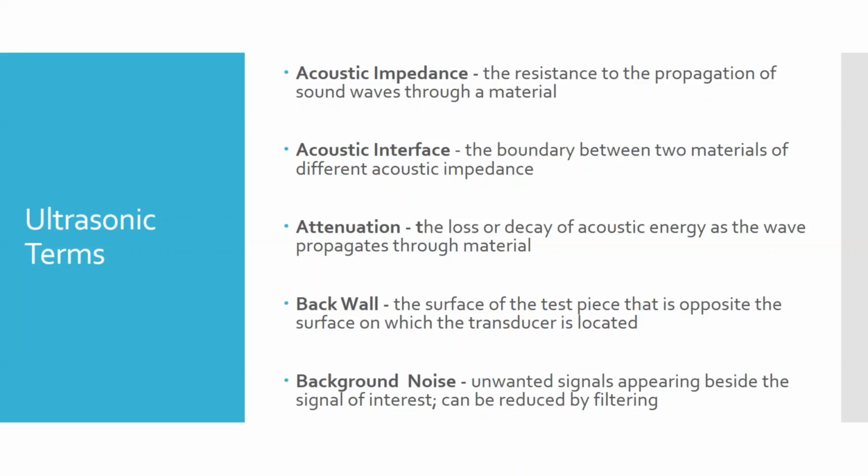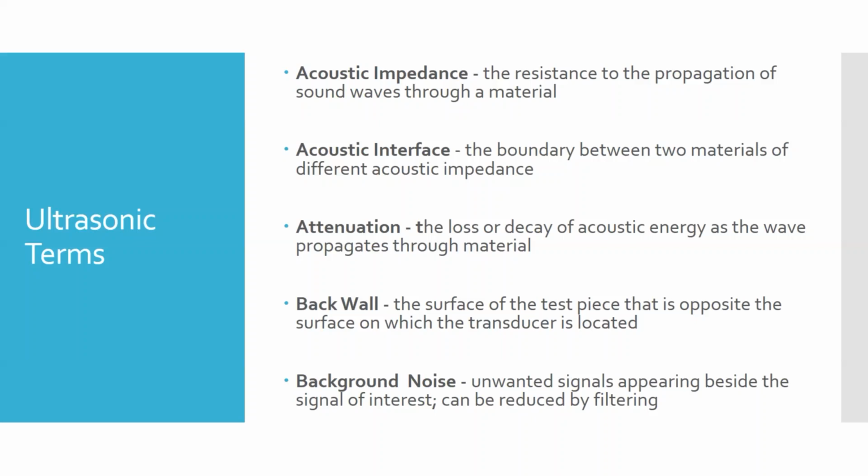So, the sound waves do travel through a material, but there's a certain amount of resistance in the material. The faster a sound wave can travel through a material, the lower the acoustic impedance it has. Slower materials have a greater acoustic impedance.